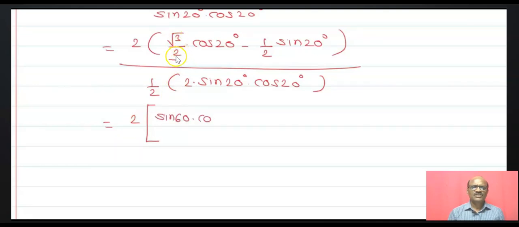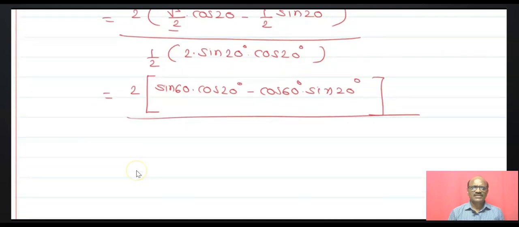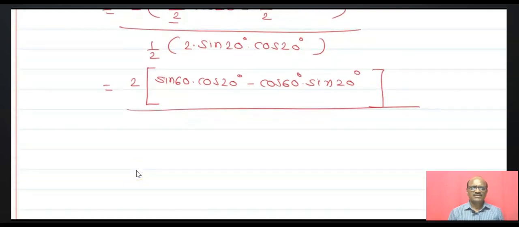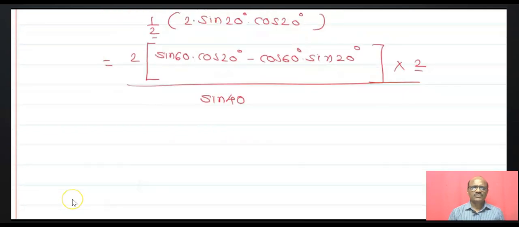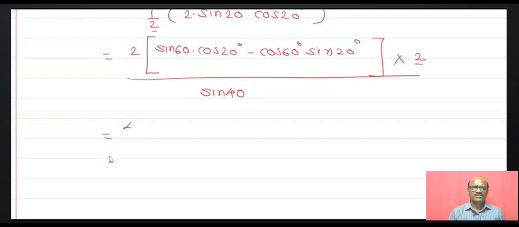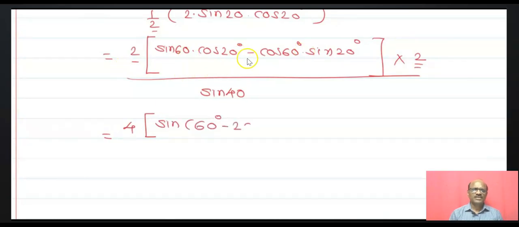Root 3 by 2 means sin 60, and 1 by 2 is cos 60. So we get sin 60 cos 20 minus cos 60 sin of 20, divided by sin 40. Now what is here? This is the expansion of sin of (a minus b).